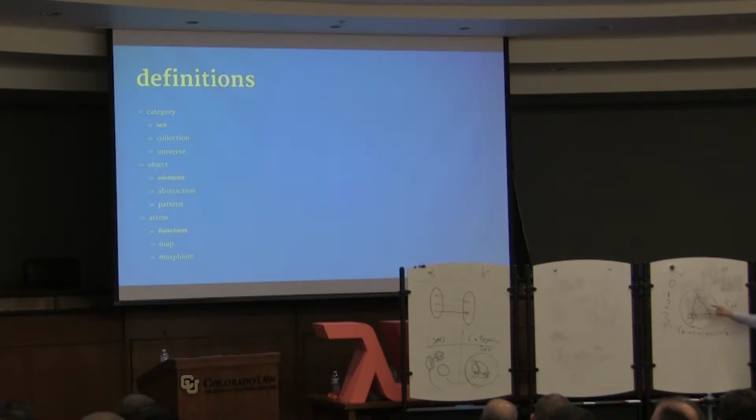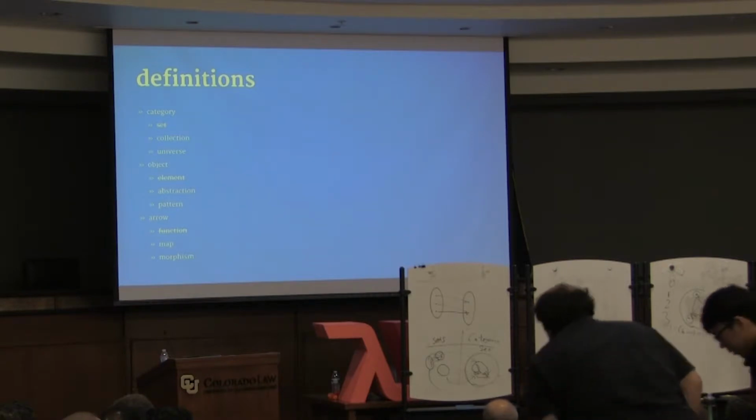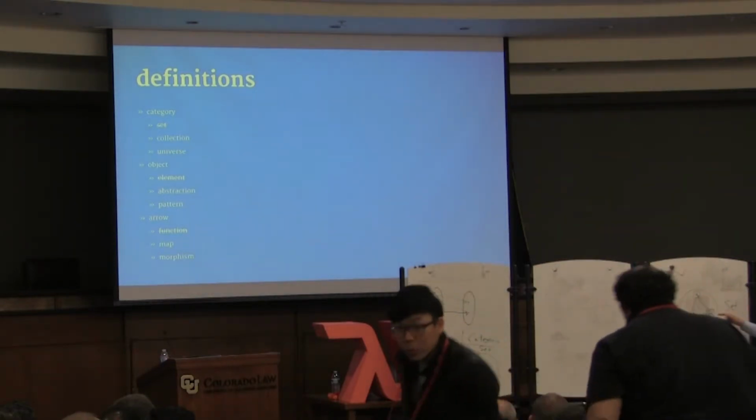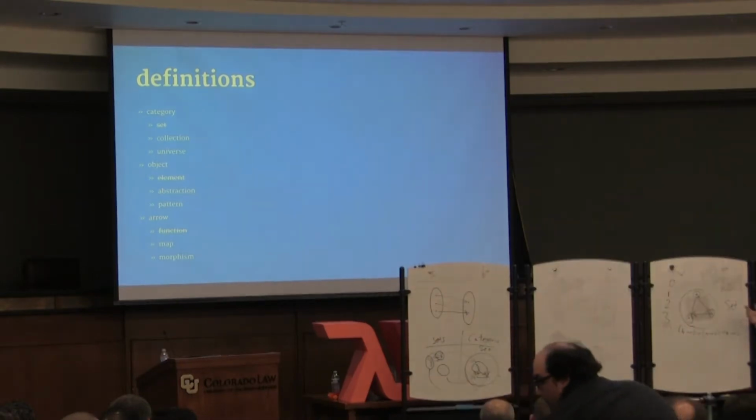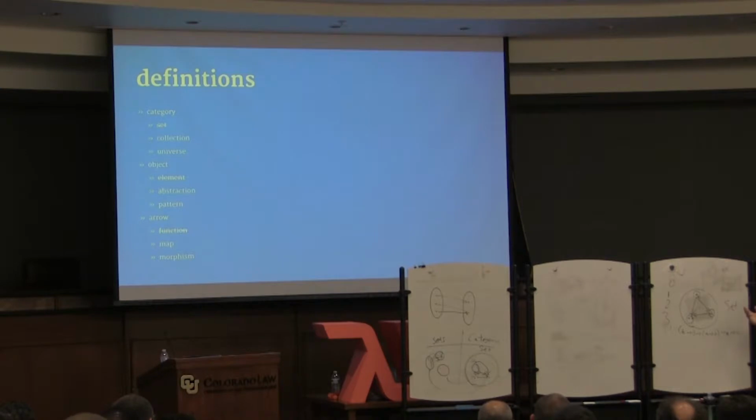So let me just finish answering that question, and then I will try to answer your question. Not every category will have as its objects sets. In this category, the objects are sets. If you think of, for example, Haskell types as sets, you can imagine a category in which the objects are types and the arrows between them are functions.